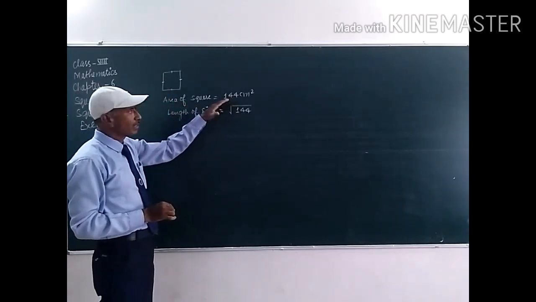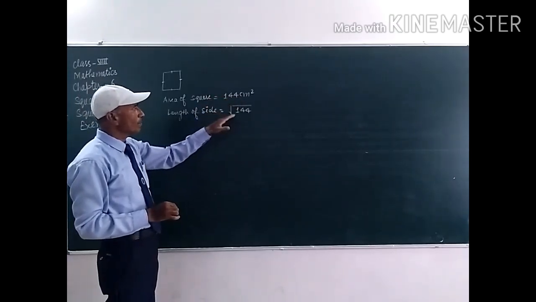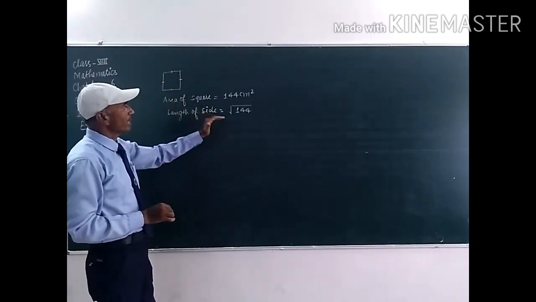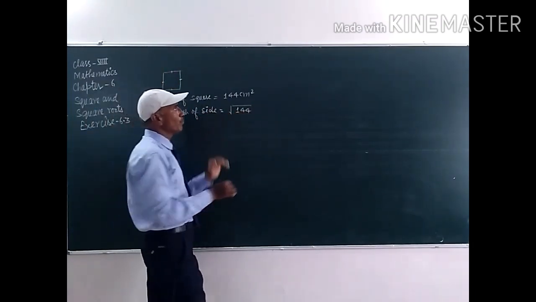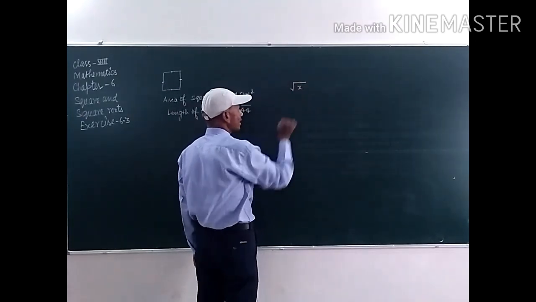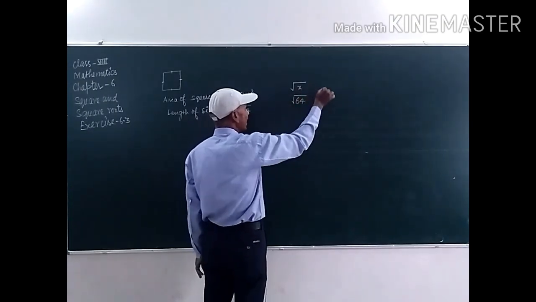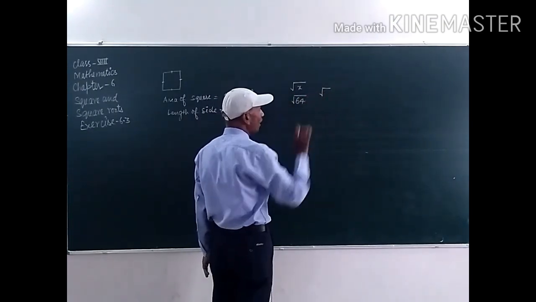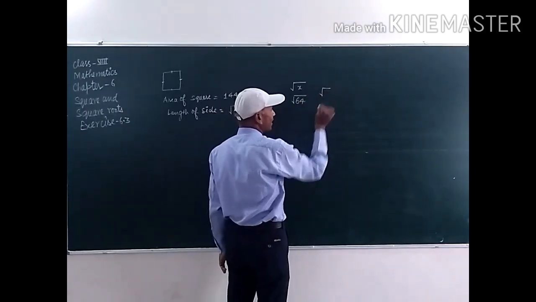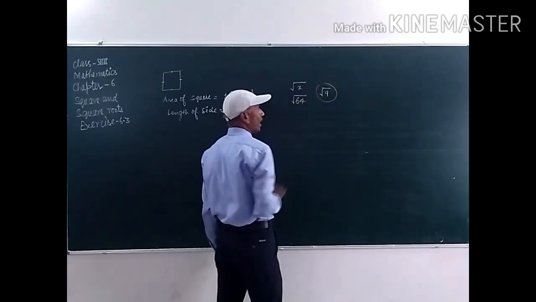To find the length of this side, we have to find the square root of the area. Clear? So the area is 144 square meters. What will be the length of one side of this square field, student? That will be the square root of 144. This sign denotes square root of, so this is the square root of 64 and this is the square root of 9.